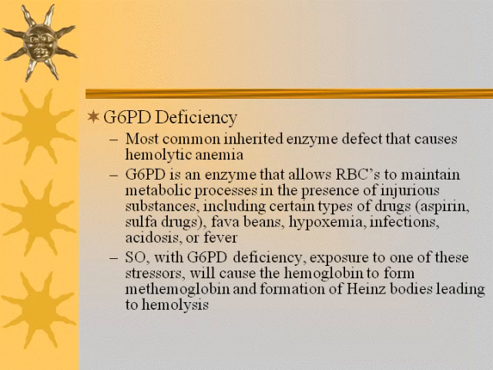This particular enzyme keeps your red blood cells healthy and keeps them working. So if you had a G6PD deficiency and you were exposed to one of those types of stressors listed on the slide, then your hemoglobin will form Heinz bodies, which will destroy your red blood cells.